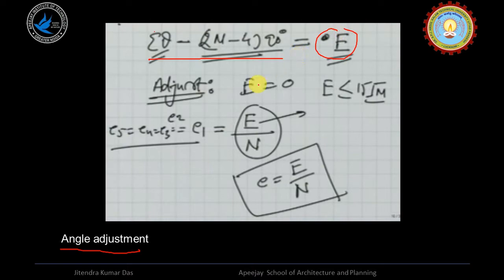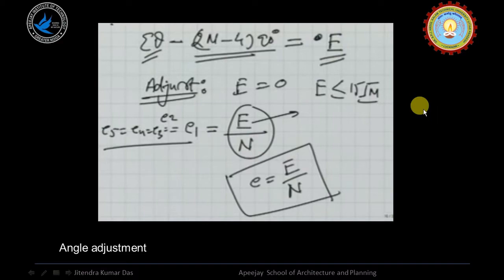You have a certain difference in degrees, and you have to adjust this angle. So divide this angle by the number of sides. Suppose e1, e2, e3, e4 and en are the respective angle corrections. One angle correction will be capital E by n. At every angle we will do this much correction. In that way angle correction and angle adjustment are possible.